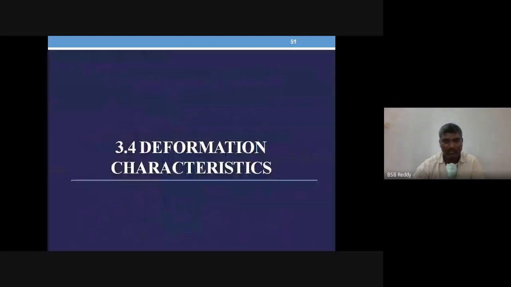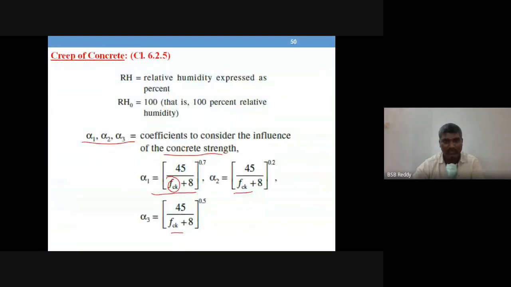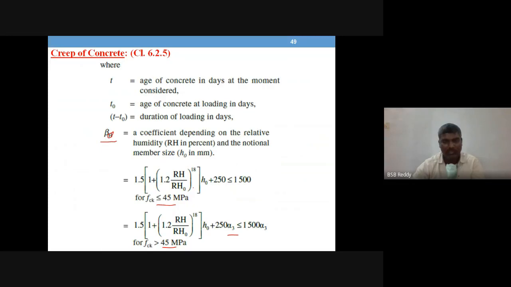Just go through all those formulas, what they are for, how to get those values, and what to substitute, so that you have clarity. Otherwise, you will not be able to get a value.